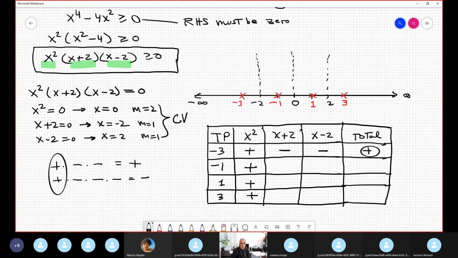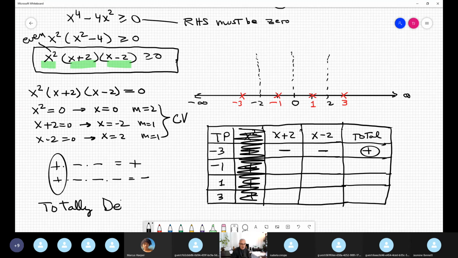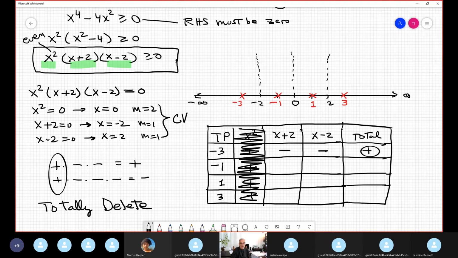Okay, when you have factors that contain an even exponent like that, you can delete totally that column. Totally delete the factor that contains an even exponent, maybe 2, maybe 4, totally delete.